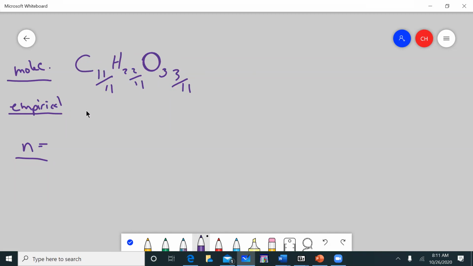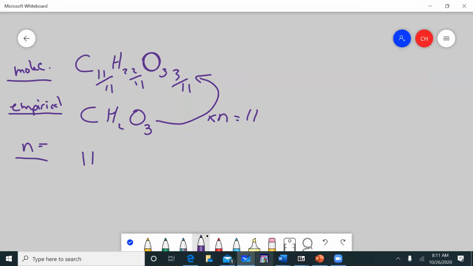But if I just wanted to reduce it down to what the ratio is, the lowest ratio would be CH2O3. And for every carbon, there's 2 hydrogens and 3 oxygens. Now in real space, it's really 11 carbons bonded to 22 hydrogens and 33 oxygens. My n value for this case would be 11, right? Because in order to get from here back to here, I multiply by my n, which is 11.